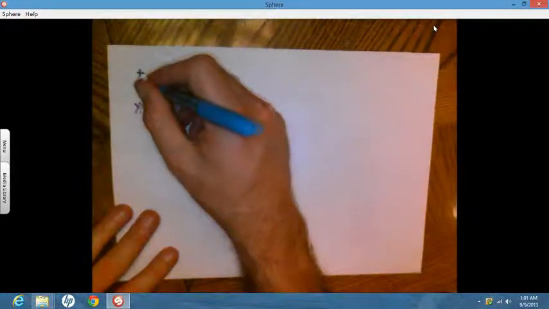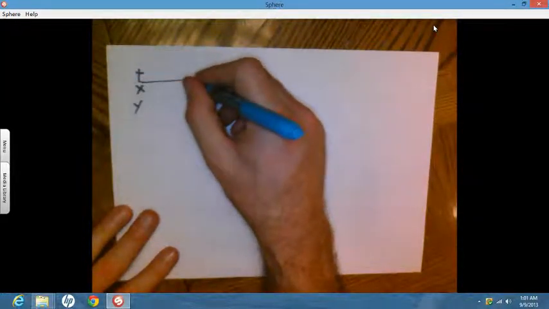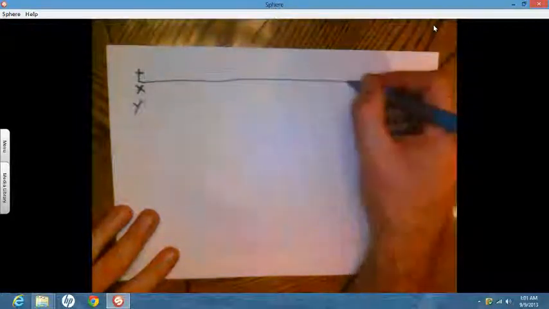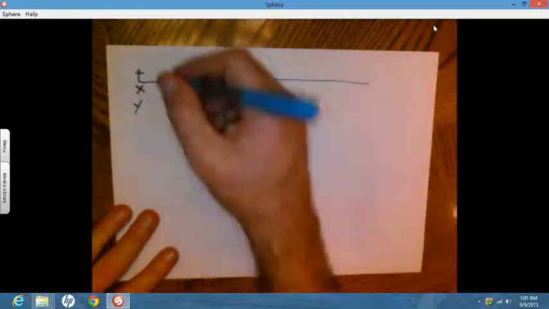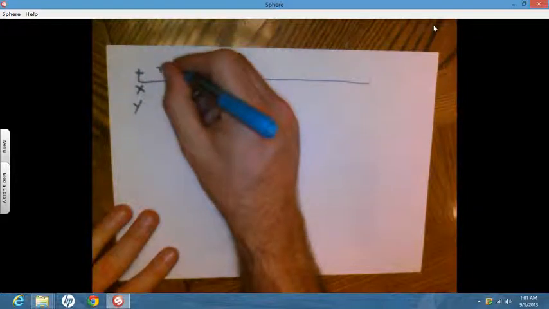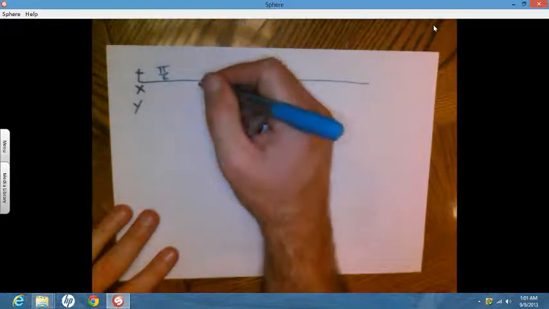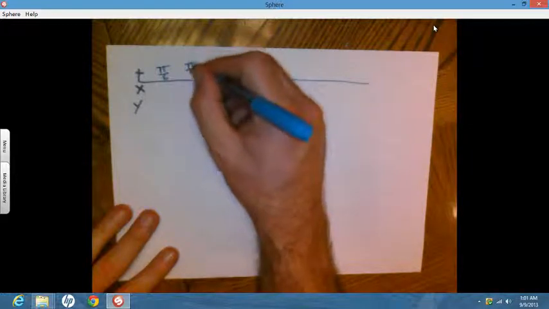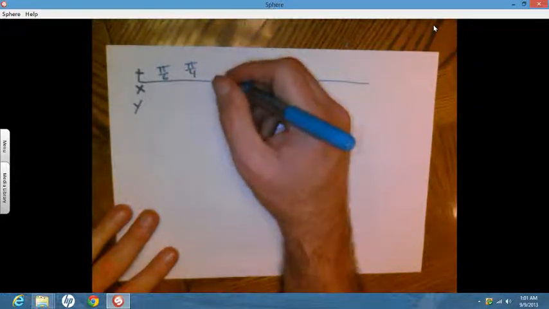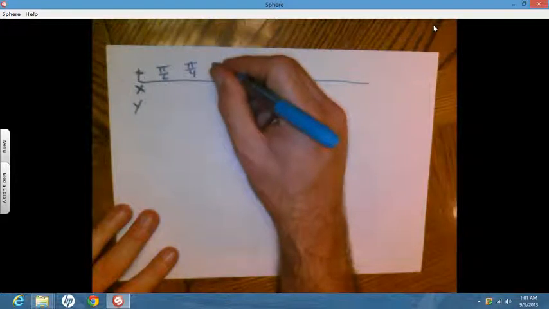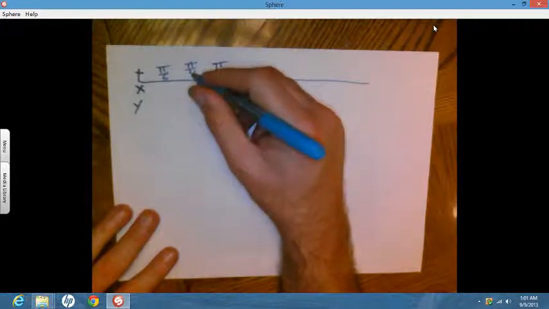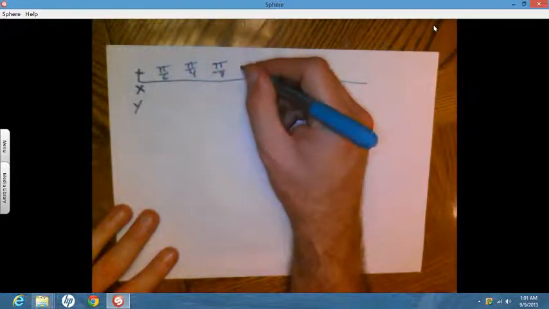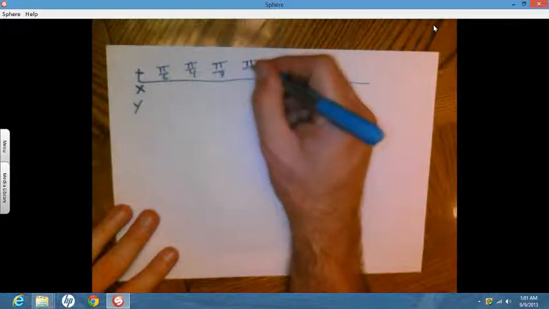So I have t, x, and y, and I am going to write my angles down over here. The first one is pi divided by 6. The next one is pi divided by 4. The next one is pi divided by 3, right? 30, 45, 60. And we have pi divided by 2, which is the same as 90 degrees.